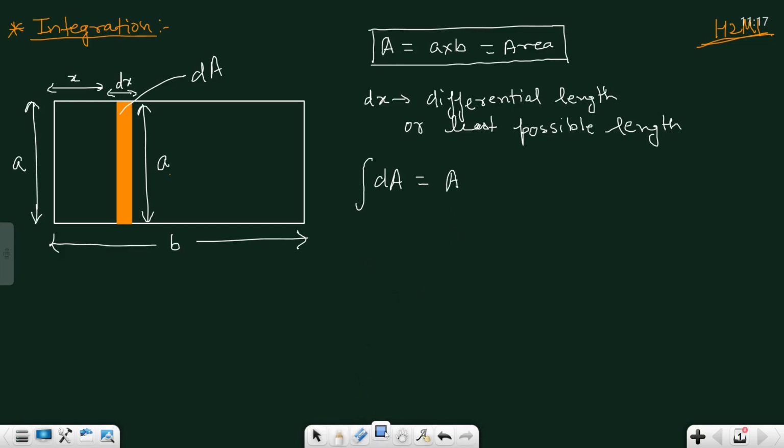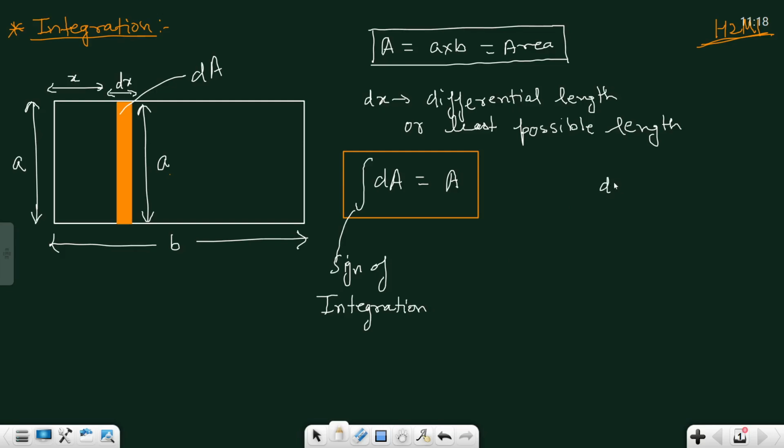This is called integration: going from a smaller object to the larger one, integrating so many smaller units to get a larger unit. This is the sign of integration. Clear?